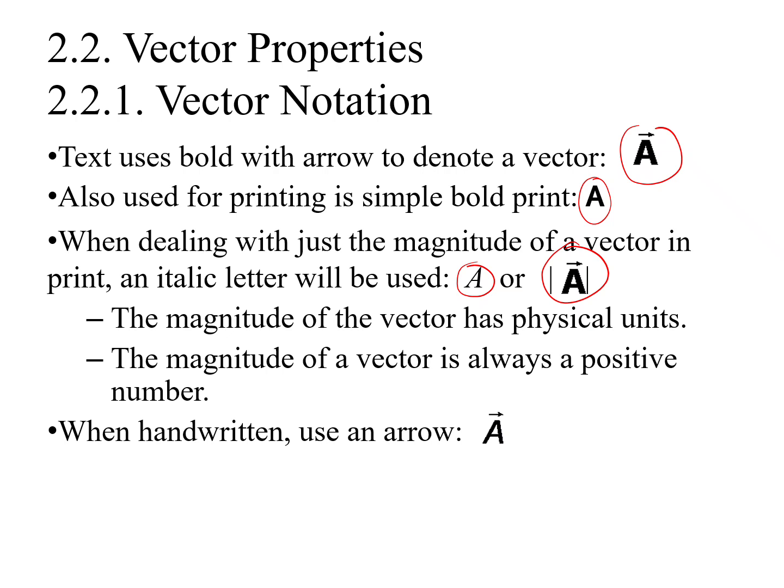The magnitude has units and it is always positive. When writing a vector by hand, we usually put an arrow over the letter like vector A shown here, and to indicate the magnitude we use the absolute sign as we mentioned before.